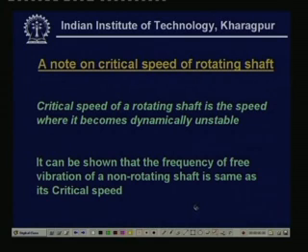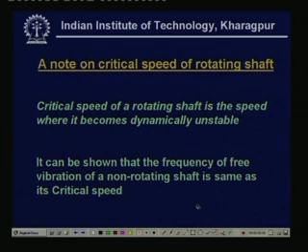The critical speed of a rotating shaft is the speed where it becomes dynamically unstable. Now, what is that particular speed? In terms of frequency, it can be shown that the frequency of free vibration of a non-rotating shaft is the same as its critical speed.